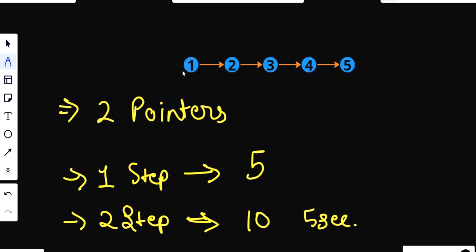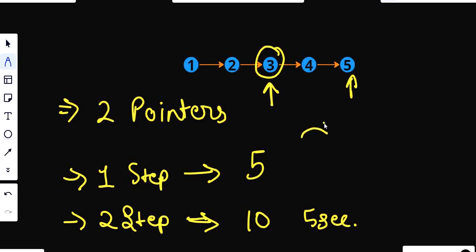So if the second pointer reaches the end first, then we know for sure the first pointer will be at half of it, which is the middle node in this case, correct?